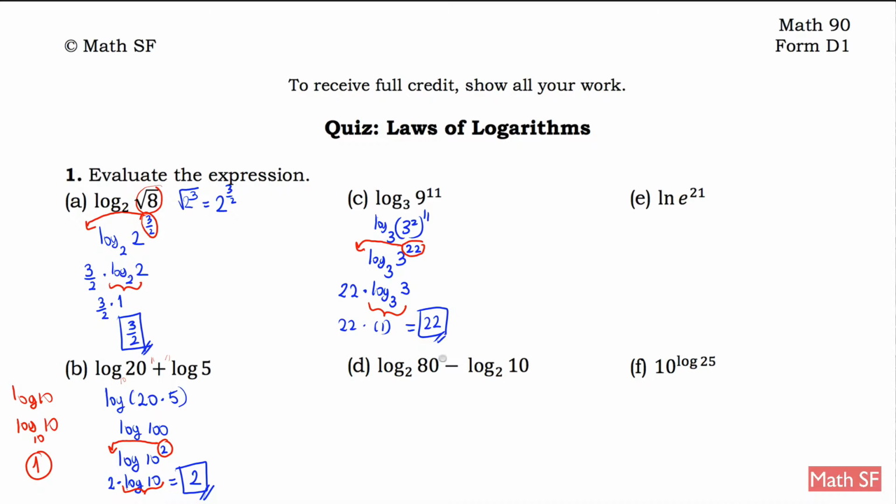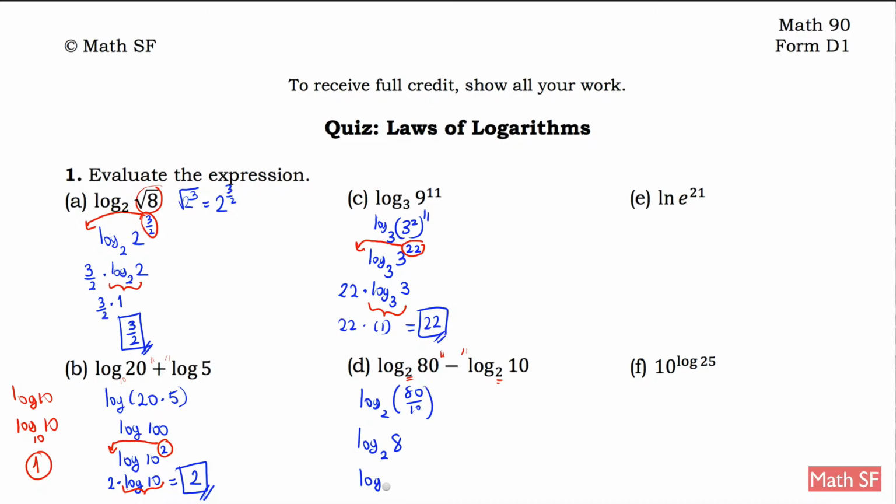Same technique. Look here, it's a minus. If the plus previously meant multiplication, here it will be division, if and only if they have the same base, which happens in this problem. They do have the same base, so I can write log base 2 of 80 over 10, which reduces to log base 2 of 8.